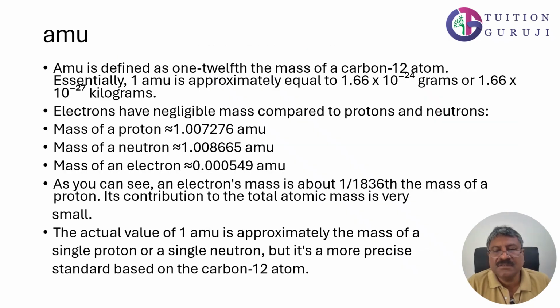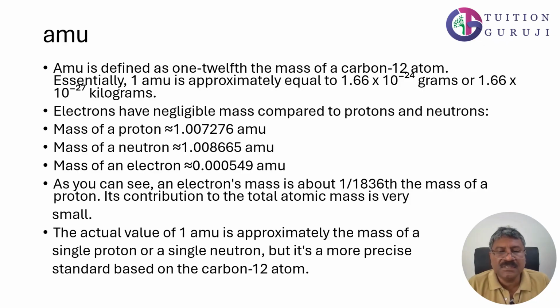1 AMU is defined as 1/12 the mass of a carbon-12 atom. 1 AMU is approximately equal to 1.66 into 10 raised to minus 27 kilogram. We know that electrons have negligible mass compared to protons and neutrons. So when we say the mass of proton, neutron and electron in AMU, one proton is 1.007276 AMU, one neutron is 1.008665 AMU, and one electron is 0.000549 AMU.